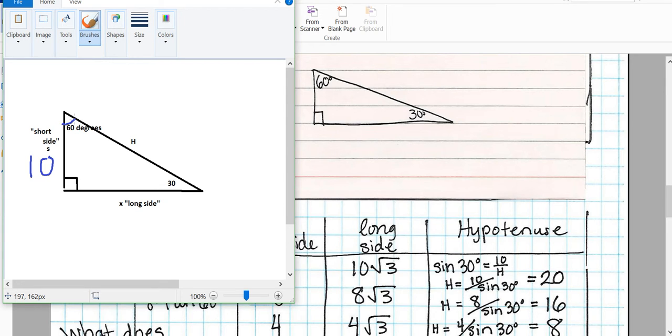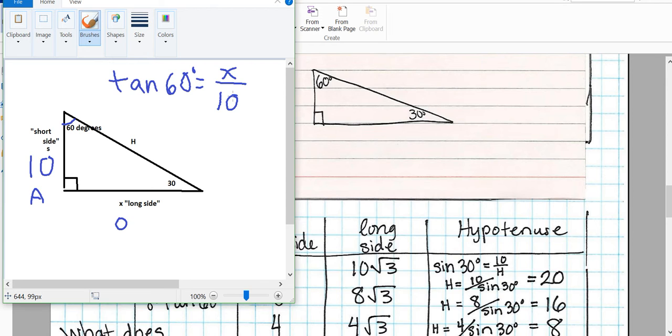Okay? So to solve for X, we're looking at the opposite side and the adjacent side. So opposite over adjacent, well, that's tangent. So here we have tangent of 60 degrees is equal to the opposite, which is X, over the adjacent, which is 10.